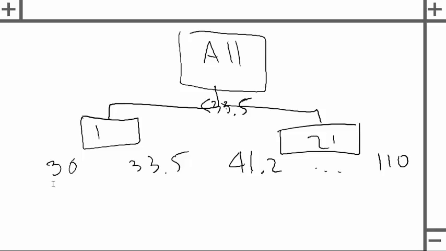After that it says, okay, let's try another split. Another split is going to be at 41.2, less than 41.2, so I'm going to end up with 2 observations here and 22 observations here. Then the algorithm will look at how pure the resulting nodes are.